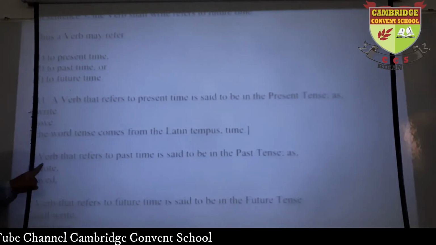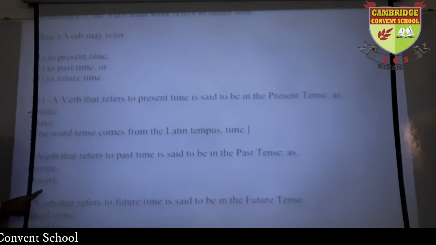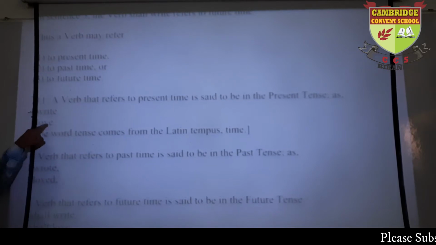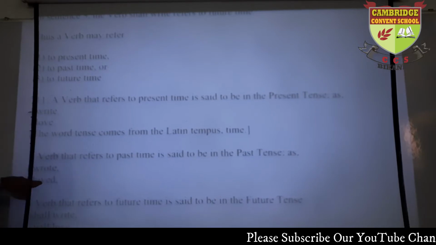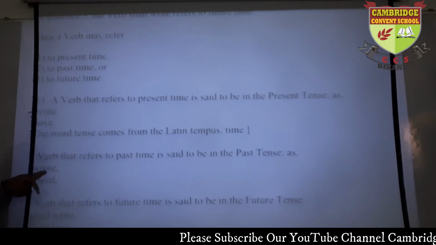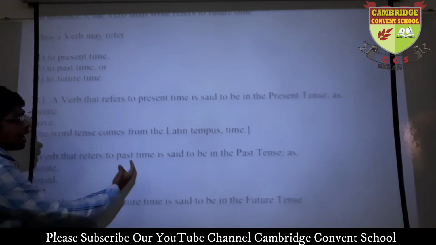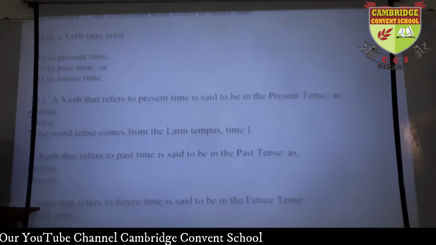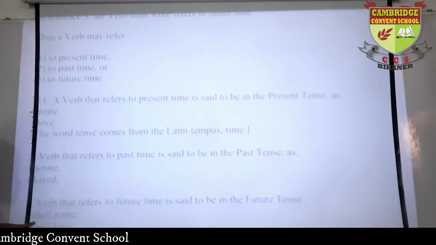Verbs that refer to past time are said to be in the past tense, as wrote and loved. Here we have two main verbs, write and love, in the first form. In the second sentence, you can see the second form of the verb, that is wrote and loved. Verbs that refer to future time are said to be in the future tense, like shall write and shall love.